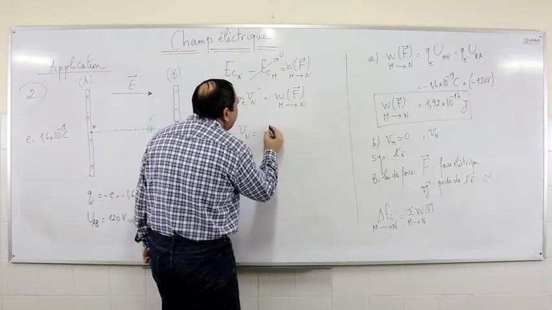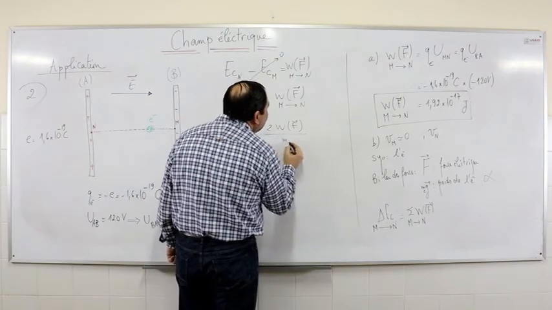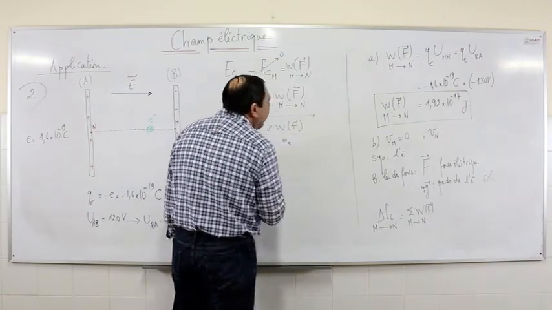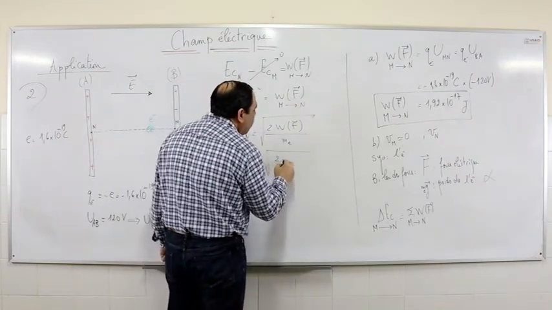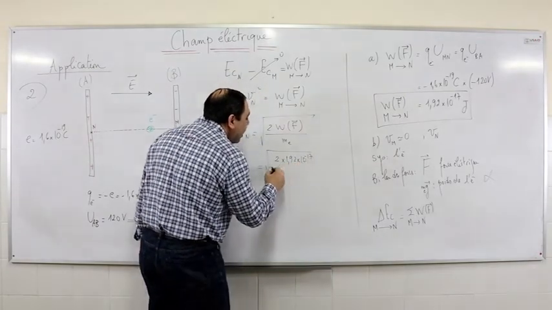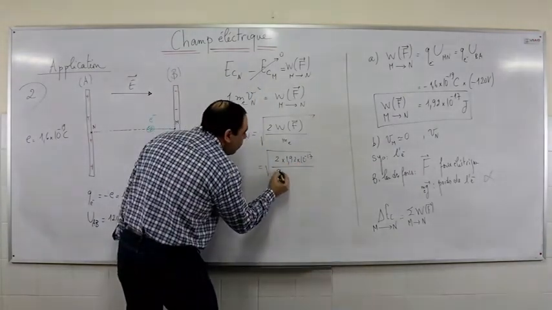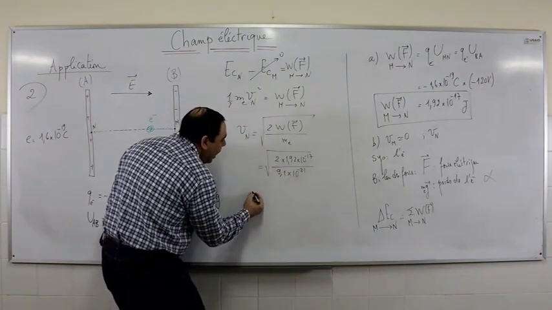The speed at N is equal to the square root of 2 times the work of F over the mass of the electron. This is equal to the square root of 2 times 1.92 times 10 exponent minus 17 over the mass of the electron, which is 9.1 multiplied by 10 exponent minus 31.